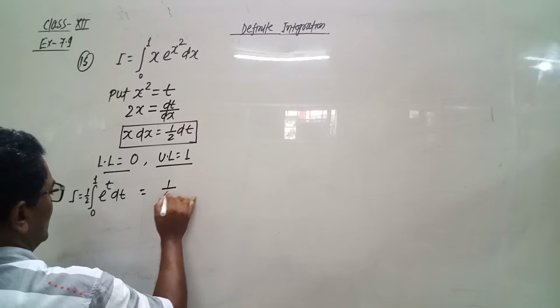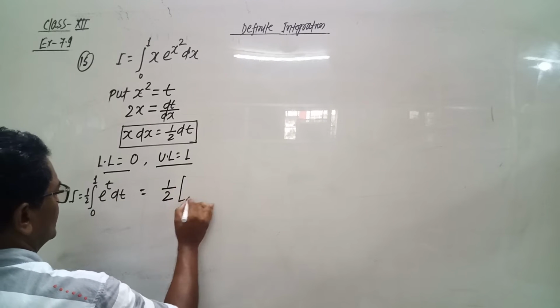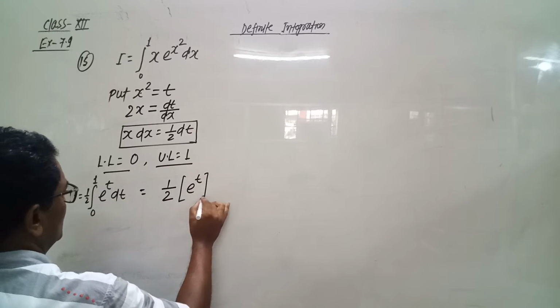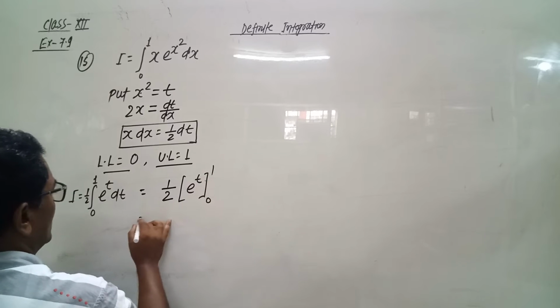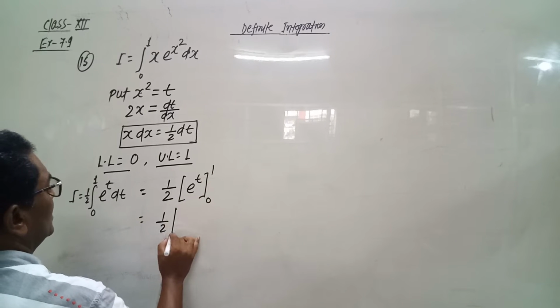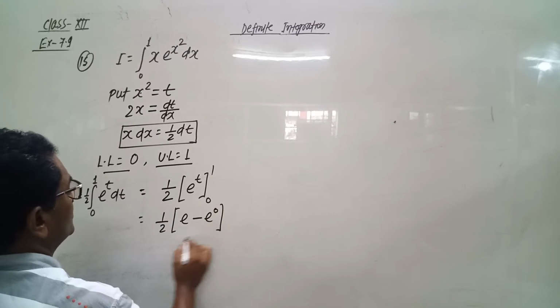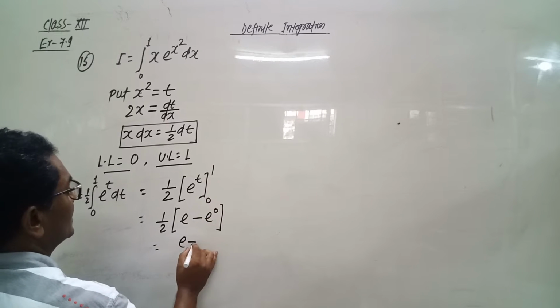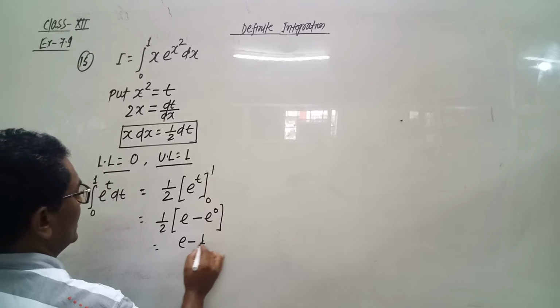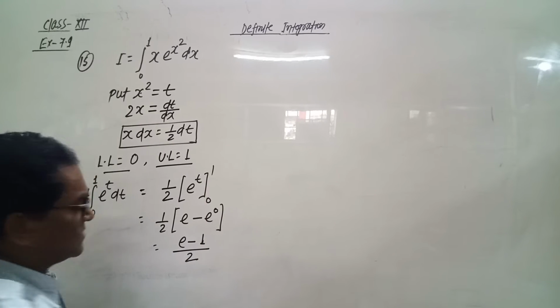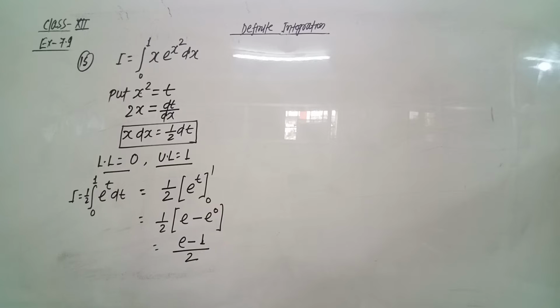So this becomes 1 by 2 integration of e raised to the power t, which is e raised to the power t, and 0 to 1, put the limit. So e raised to the power 1 minus e raised to the power 0, so e minus 1, since e raised to the power 0 is 1. So the result is e minus 1 upon 2.